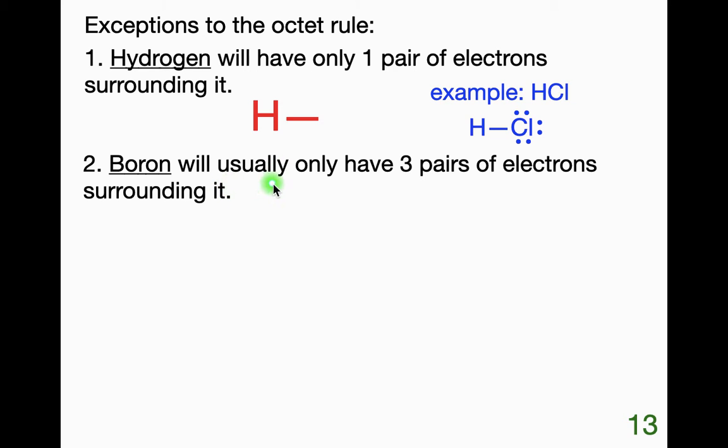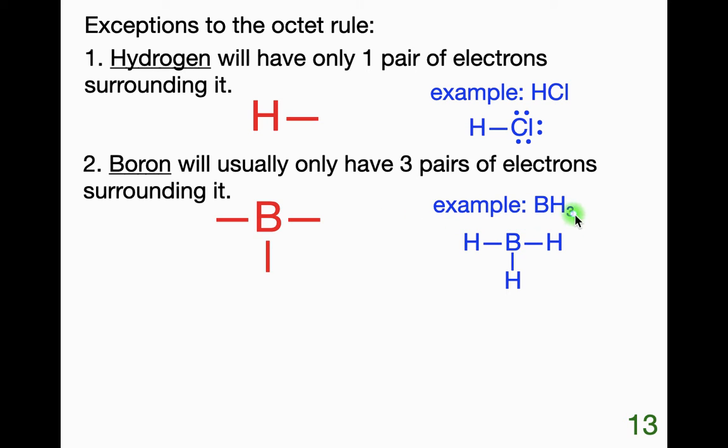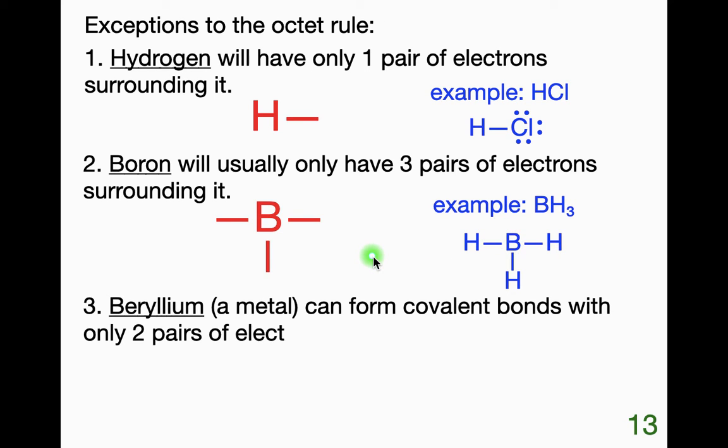Boron will usually only have 3 pairs of electrons surrounding it. So for boron trihydride, you might be tempted to put a couple of dots on the boron as well, but that won't be the case. Beryllium, even though it's a metal, can form covalent bonds. As you saw in the IB video, just because it's a metal doesn't mean that it's completely excluded from forming covalent bonds.